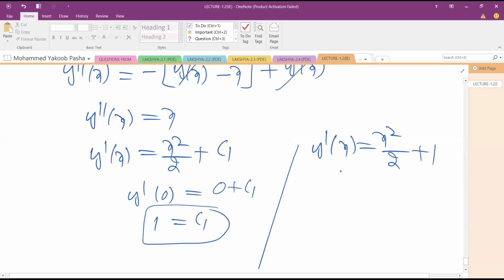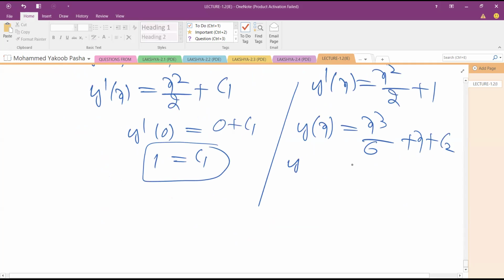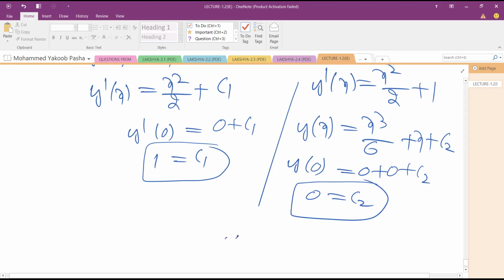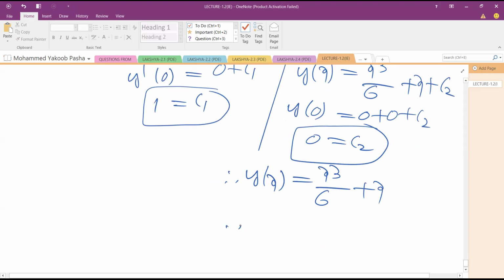After that, integrating again, we get x cube by 6 plus x plus another arbitrary constant c2. Now calculate c2: taking y of 0, that is 0 plus 0 plus c2. We know that y of 0 is 0, so this becomes c2 equals 0. Therefore y of x is equal to x cube by 6 plus x, that is nothing but y of x is equal to x cube by 3 factorial plus x.